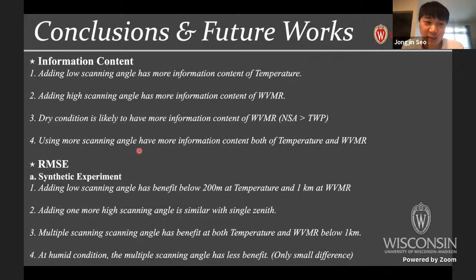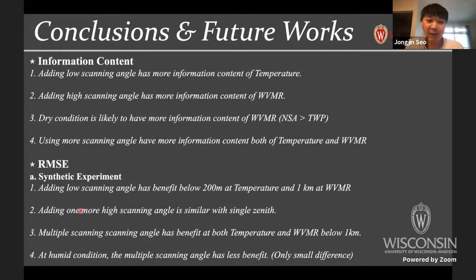So results about information content are the same in both the synthetic experiment and the real observation data set. But for RMSE, they are a little bit different. First, in the synthetic experiment, adding low scanning angle has benefit at temperature and water vapor mixing ratio near the surface.